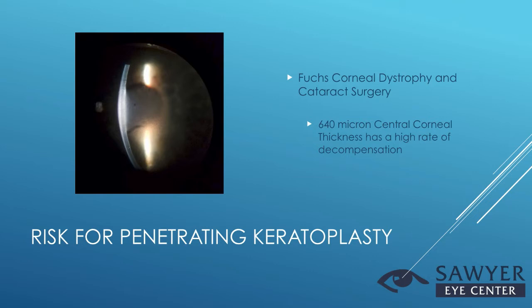But this was really in the days when the treatment for Fuchs corneal dystrophy was a penetrating keratoplasty. Nowadays, we use endothelial keratoplasties the far majority of time in Fuchs, and this has really changed this thinking dramatically. In my mind, this old rule no longer applies, and I don't know really any corneal surgeons who live or die by it at all, or really even bring it up anymore.